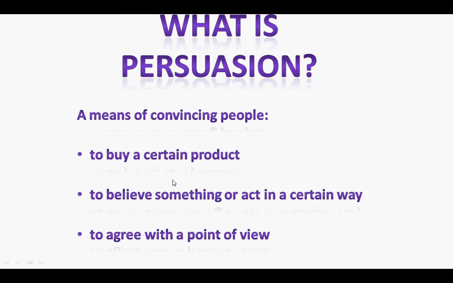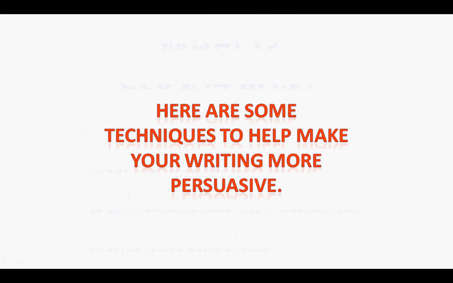We need to convince people for many reasons. First, to buy a certain product, as we can see in advertisements, or to believe something or act in a certain way, or to agree with a point of view, mostly the writer's point of view or our point of view if we are the writers.